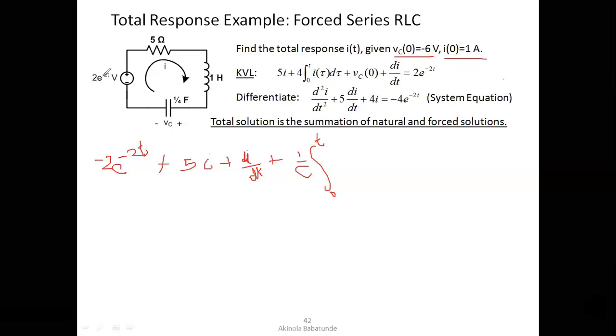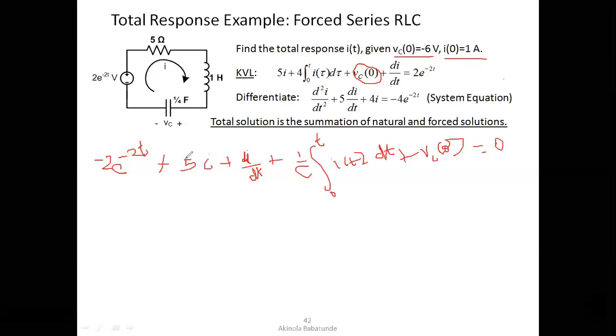Since what we're dealing with in this circuit is a voltage source, we're going to have an initial charge V_C(0), where the 0 simply means it's the initial charge before the switch is on, so everything is equal to 0. That's what we're going to have here.